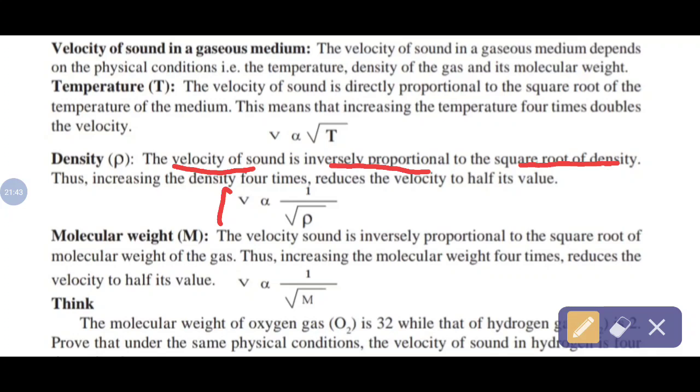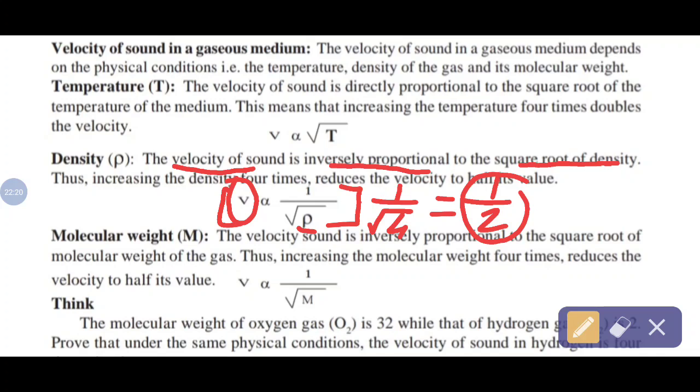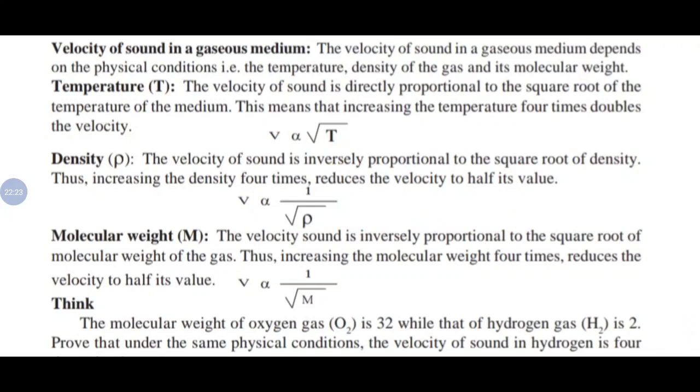So that mathematical step is shown here. V is equal to, inversely means 1 upon square root of density. Density indicated by the symbol rho. So we are taking again the value 4. So 1 upon square root of 4 in place of rho. Rho means density. So density increases by 4 times. So what is the answer we are getting? Tell me. 1 upon, what is square root of 4? That is 2. 1 upon 2 is called a half. So the value of V is equal to half. All are getting? So now check this second line, what is given here.